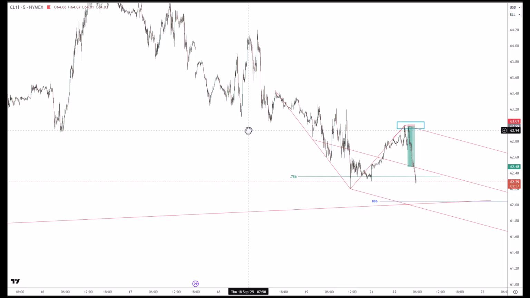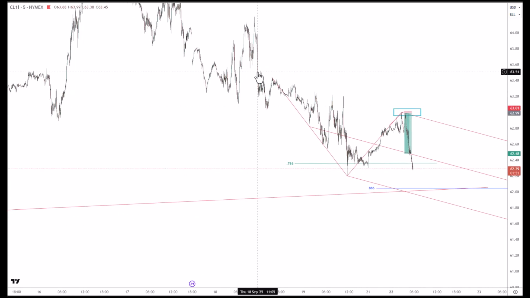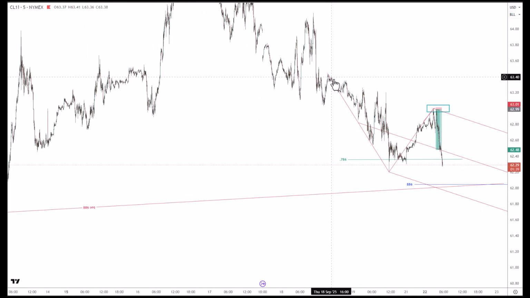Now, every impulse move will actually do a bit of damage because it'll take something out. So you can see from this swing here, price came down. This did not break the pivot here. This one did break this pivot.